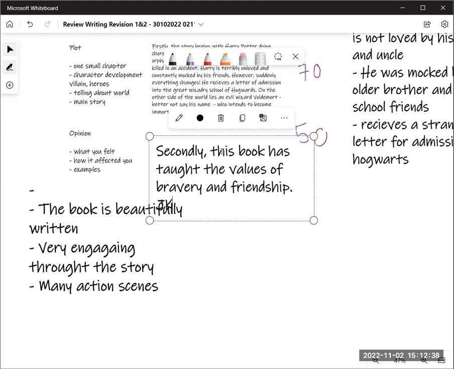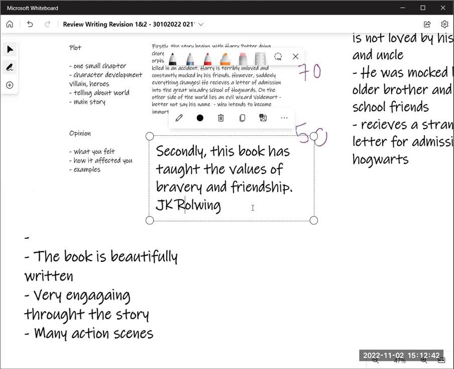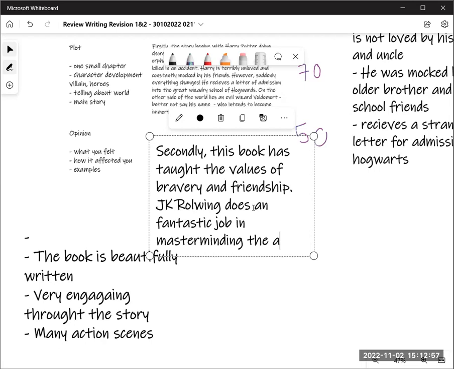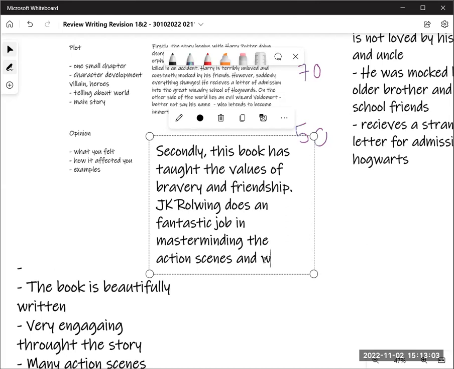J.K. Rowling does an amazing job, let's say a fantastic job, in masterminding the action scenes and world building.